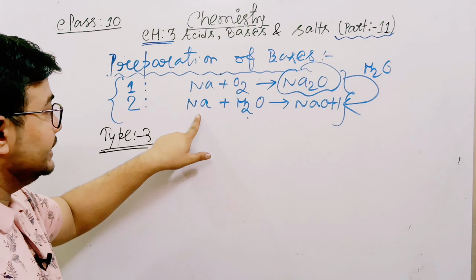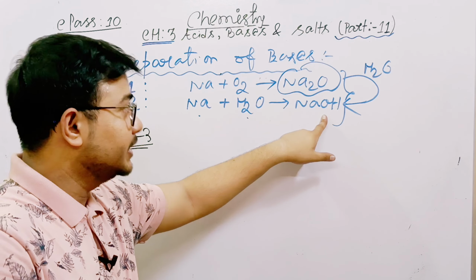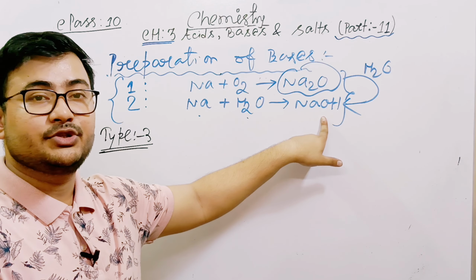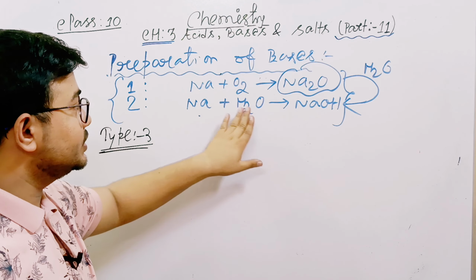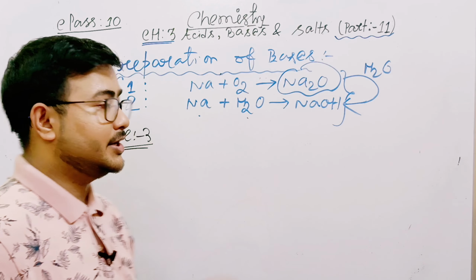So metal dissolved in water forms sodium hydroxide, and metallic oxide also dissolved in water forms the same sodium hydroxide.